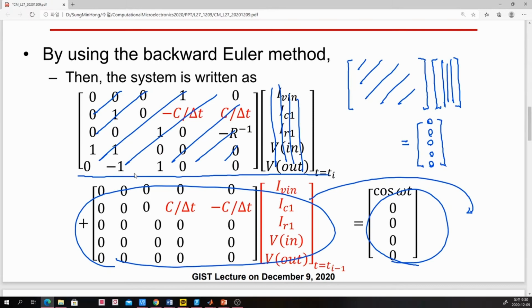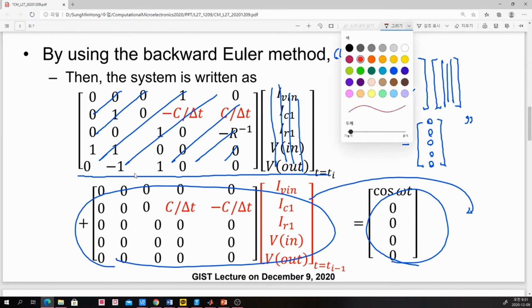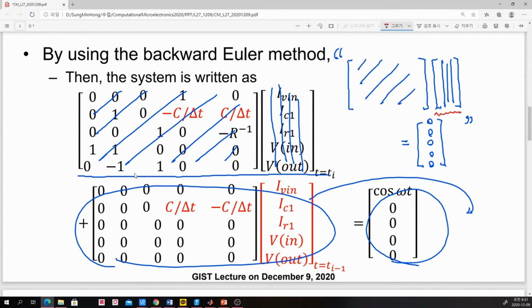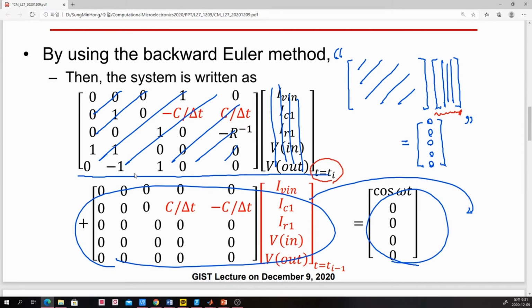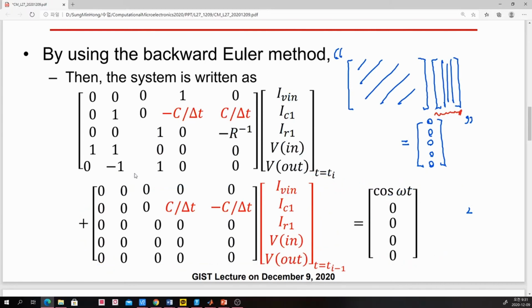Then by solving this system, we can get the solution, and that will determine your unknown variable at present time instance t equal to t sub i. So that is quite a simple way to solve this transient problem.